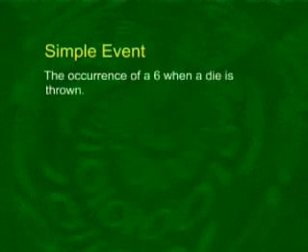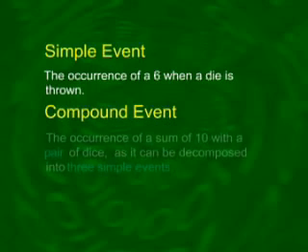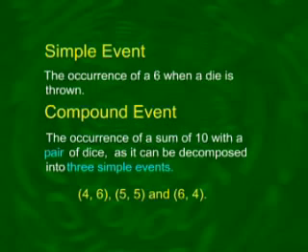For example, as you now see on the screen, the occurrence of a 6 when a die is thrown is a simple event, while the occurrence of a sum of 10 when a pair of dice is thrown is a compound event, the reason being that it can be decomposed into 3 simple events: 4,6, 5,5 and 6,4.